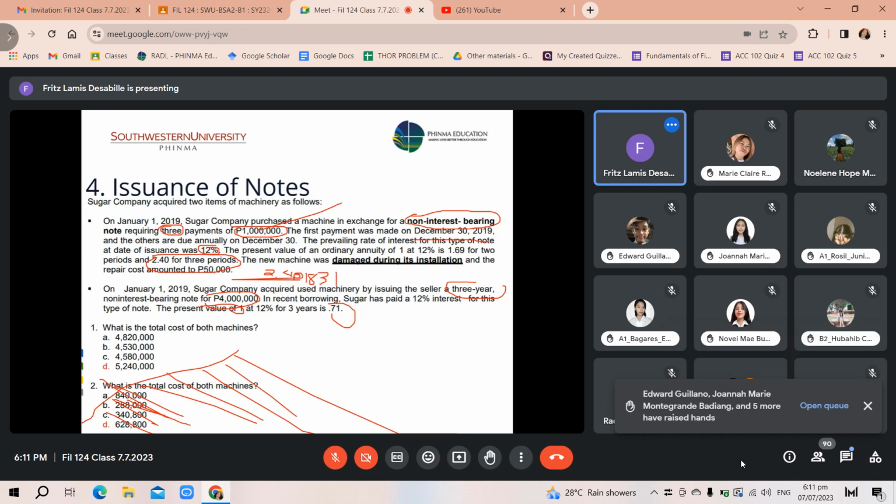Sige, let's continue. Another thing, guys, that you need to note, in this problem, the new machine was damaged. What does it imply if the machine was damaged during its installation?